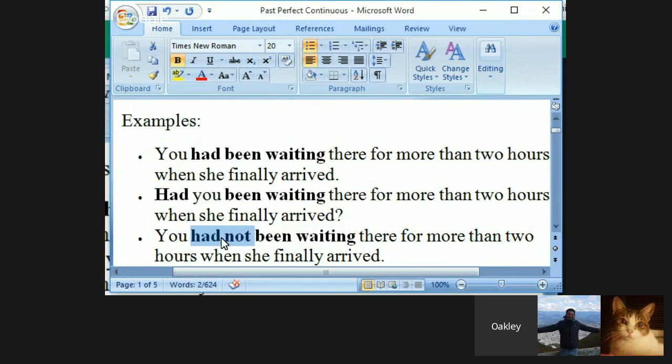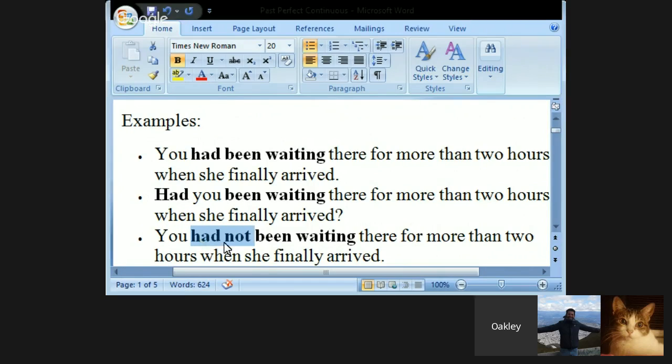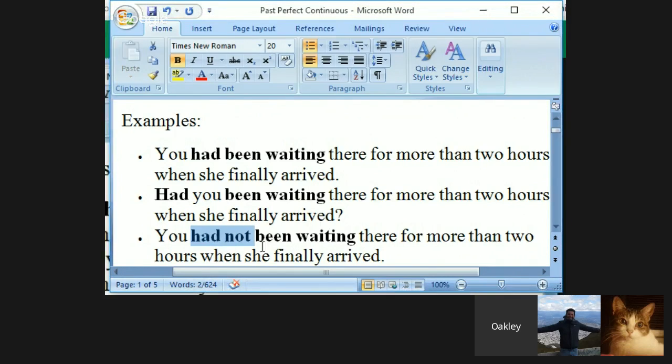Now, it is possible to contract you and had to you'd not been waiting, but more often than not, native speakers in spoken English tend to contract the first auxiliary in the negative. So more likely than not, you would actually say this: you hadn't been waiting there.